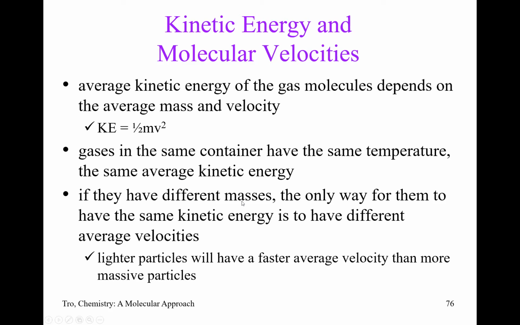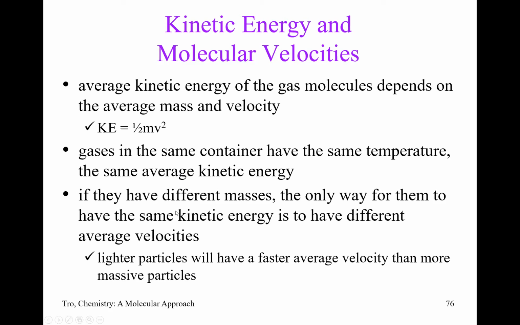So if they have different masses, the only way for them to have the same kinetic energy is to have different average velocities, right? So if you have a mixture of gases, let's just say two, if they're at the same temperature, that means their KE is the same. Thus, if their masses are different, then the v must be different.